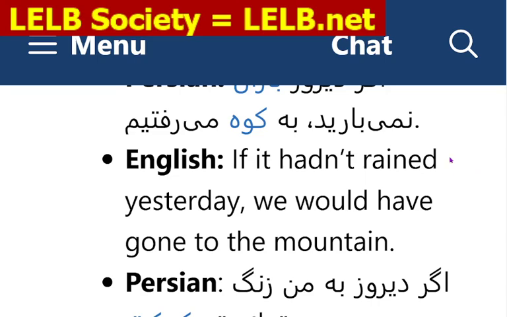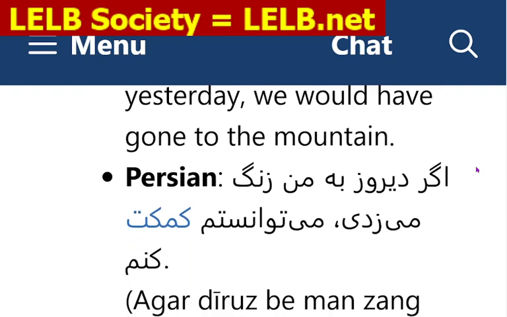That is correct, I correct myself, the tense and the sentence are correct actually. This is conditional sentence type 3 in English actually, which shows that it did rain yesterday.